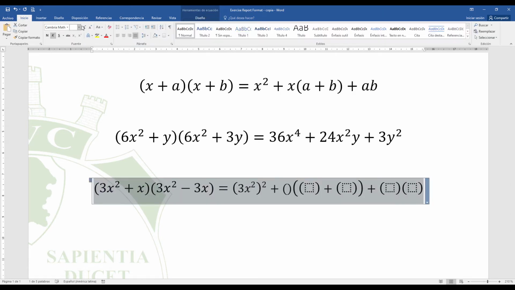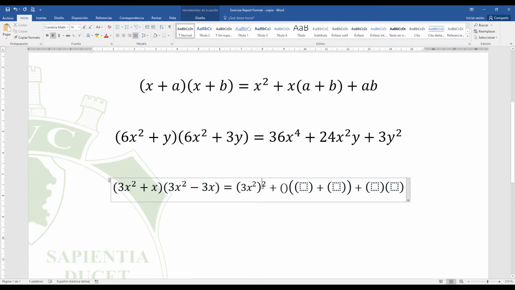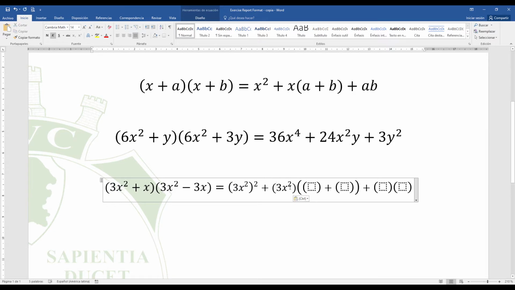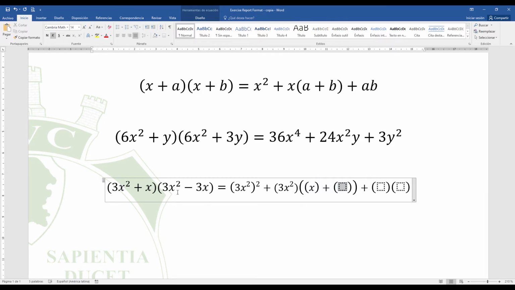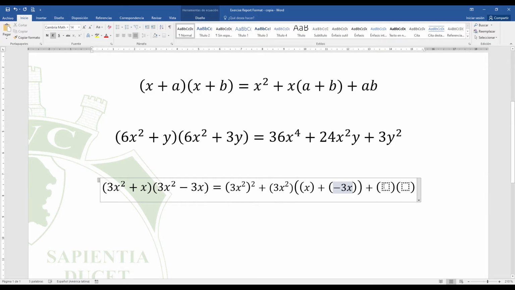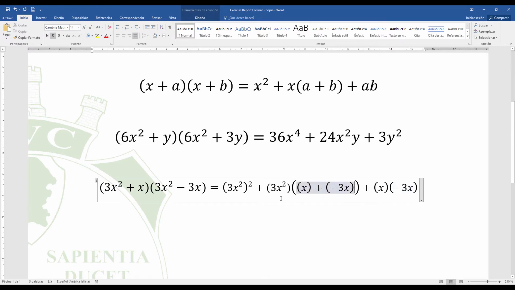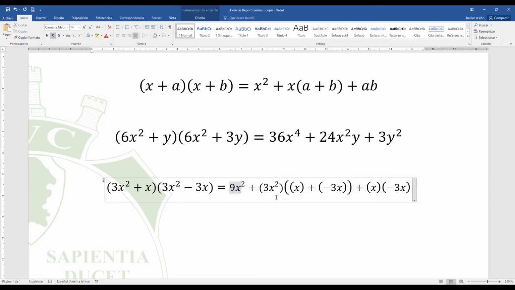Again you have the common term or the common factor, and here you will use another two terms. Now you need to do the operations here. In that case this is 9x raised to 4.